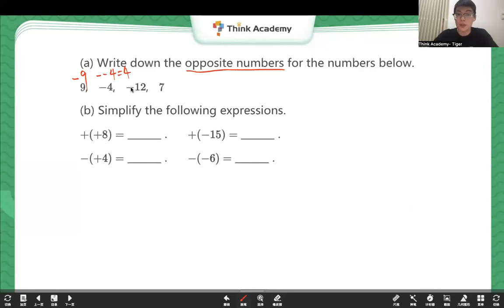And of course, the same thing for -(-12) is going to be equal to 12. And for 7, the opposite number is -7. So now we can see a rule here, which is if I have 2 minus signs in a row, that's going to be a plus.